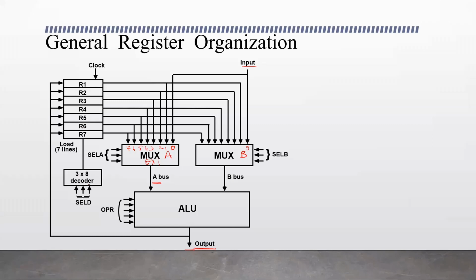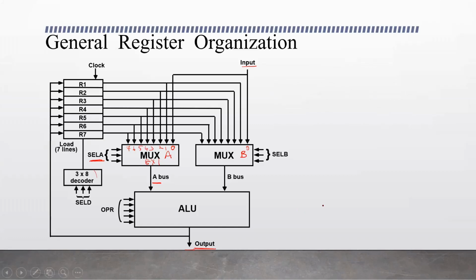Here we have a decoder, a combinational circuit, to select one out of these 7 registers to store the output. So we have the selection inputs. For multiplexer A to select the input, we have SELA.